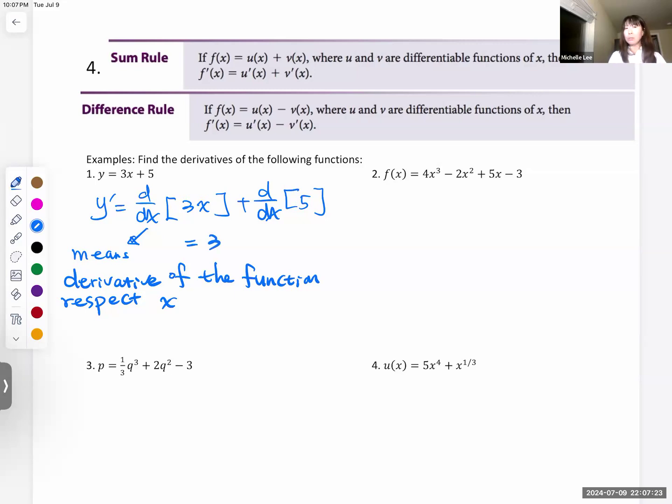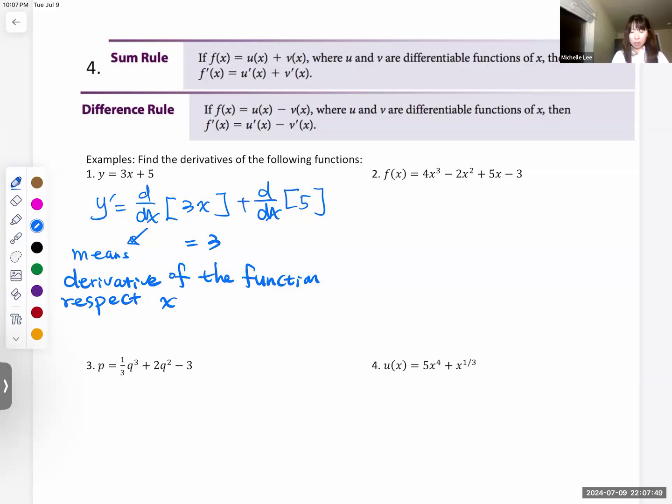And for x, we drop the power, that's times 1, reduced by 1, which is x to the 0 power, which is 1, right? So 3 times 1 times 1 is 3.